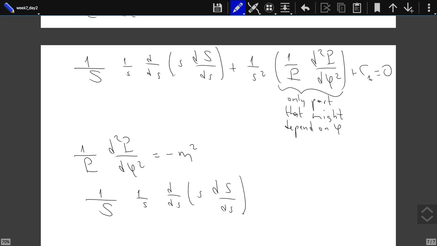And then we have the last one: plus 1 over s squared times minus m squared, plus C1. This is equal to 0.